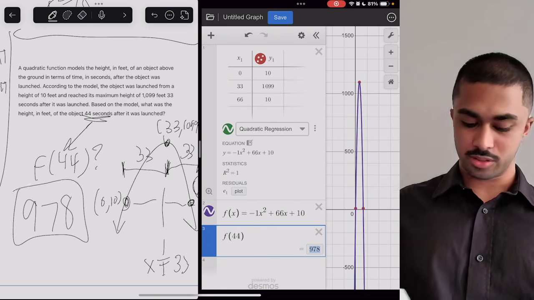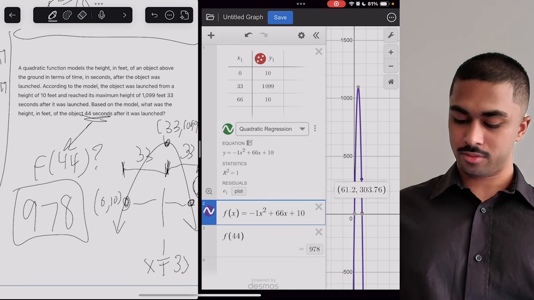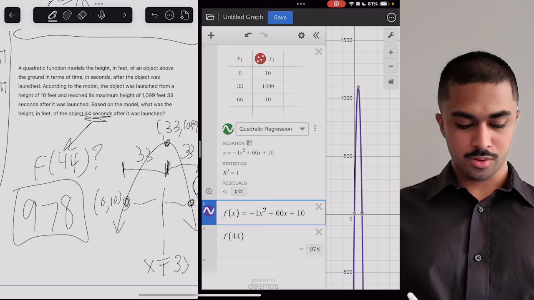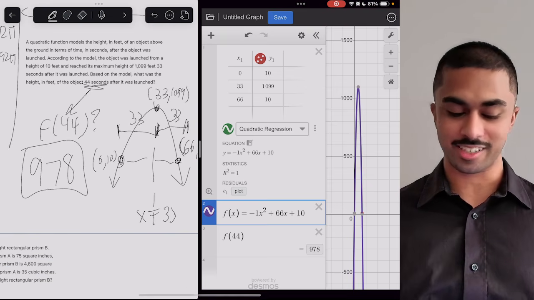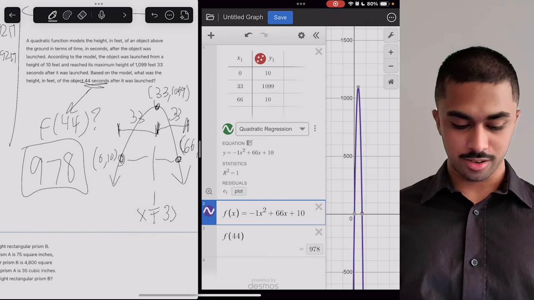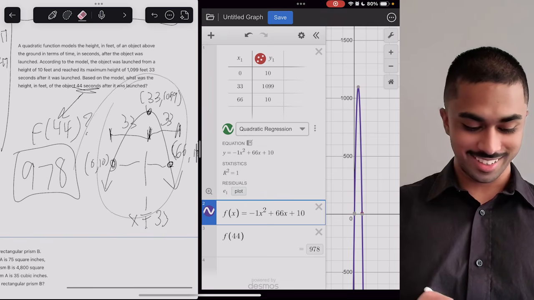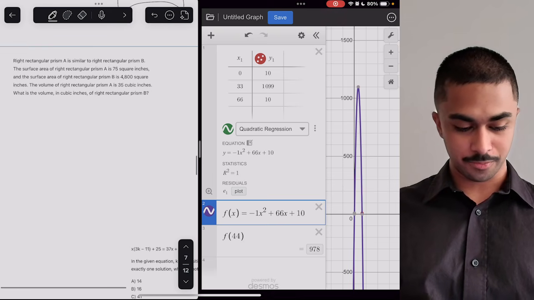See how Desmos gives you the answer right here? You don't have to look at it from the graph, right? We can use Desmos as a calculator, like a scientific calculator, not just a graphing calculator. We want to learn that. Oh my God, this looks so messy. All right, 978, that's your answer. Perfect.